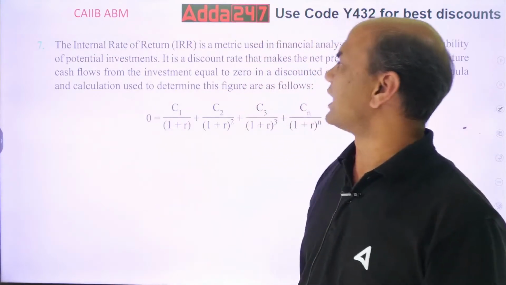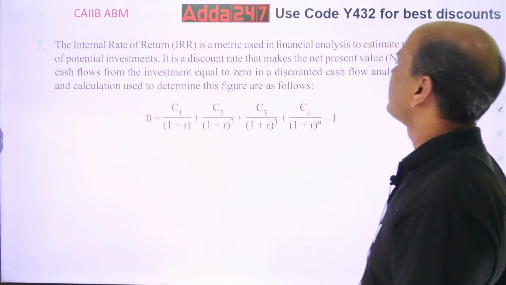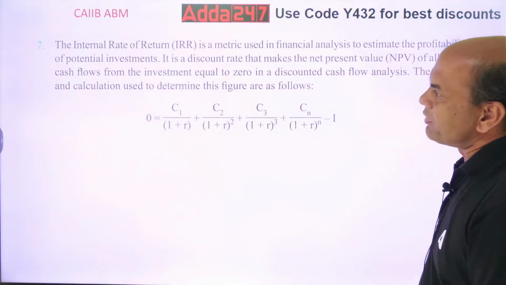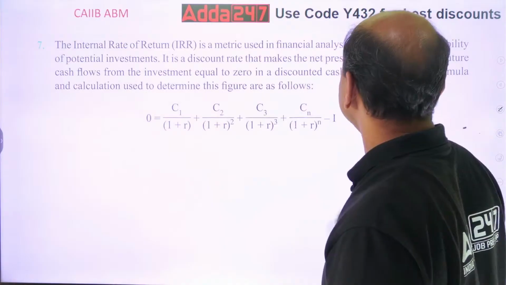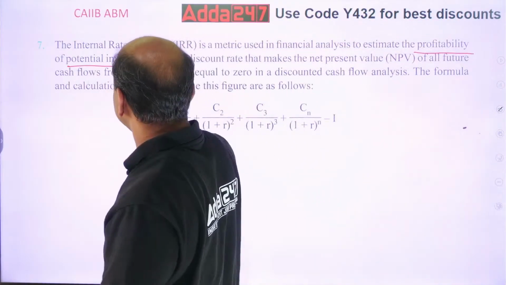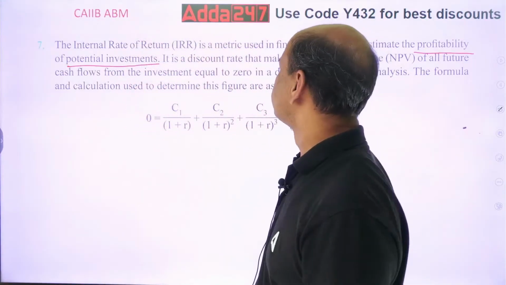See this, the IRR, internal rate of return. IRR is a metric used in financial analysis to estimate the profitability of potential investments. Potential means future. Here we are talking of future investments or future returns.